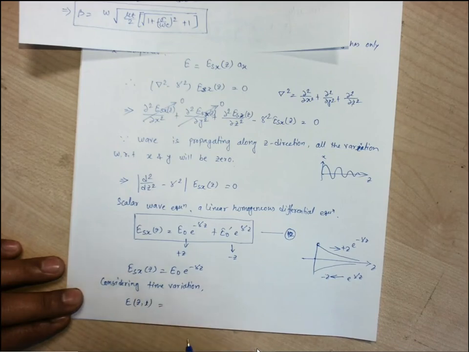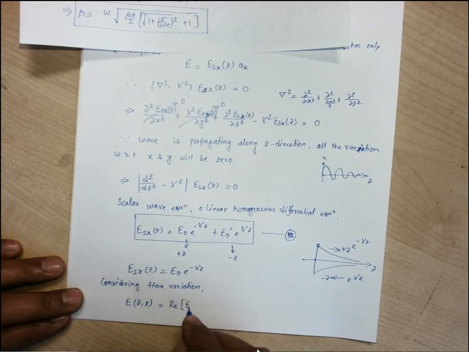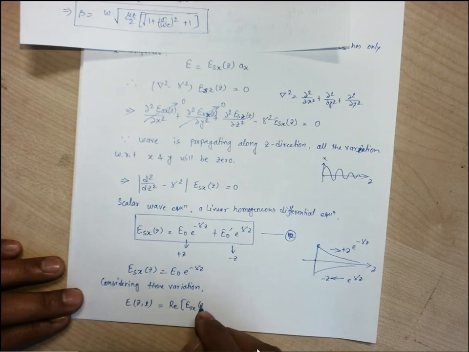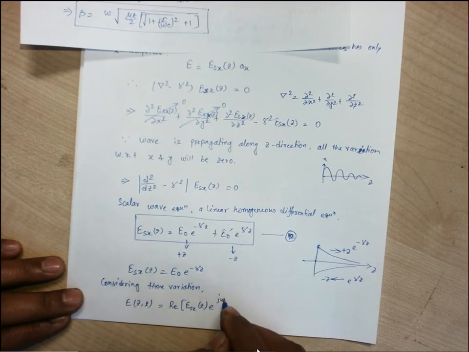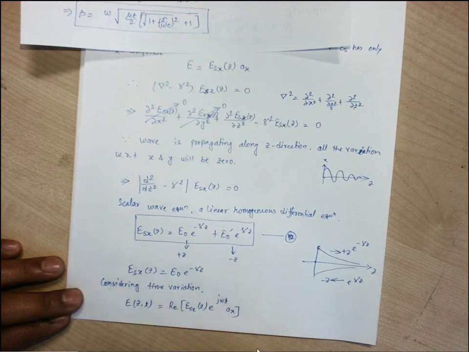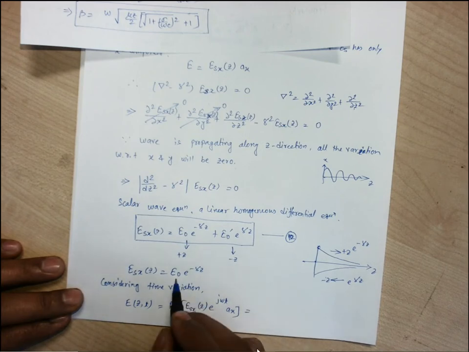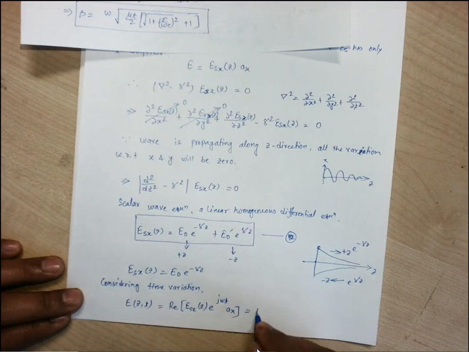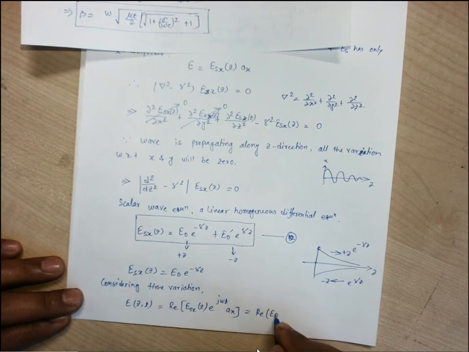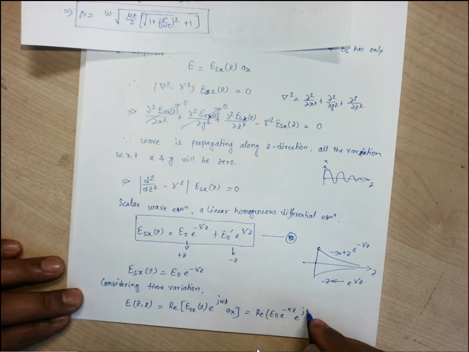So we need to take the real value of E_s(x) z along with e to the power j omega t ax, right? What is this? This value is E0 e to the power minus gamma z. Gamma is alpha plus j beta. So we can write this as E0 e to the power minus alpha z e to the power j omega t minus beta z, which has the component of x.